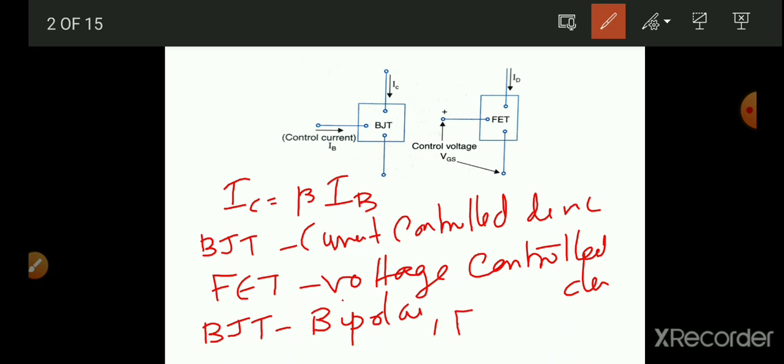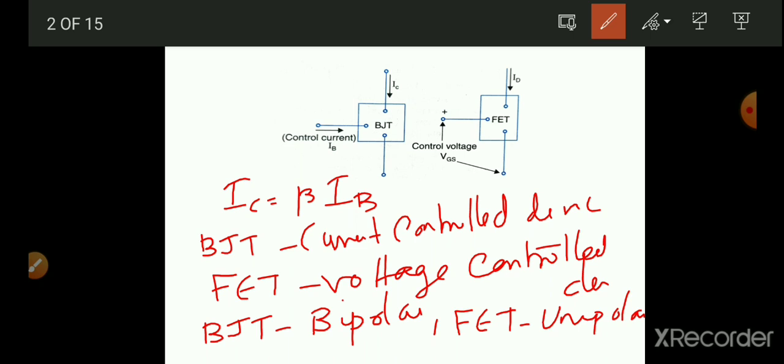But FET is a unipolar device. In FET, only majority carriers are present. The majority carriers help in current flow. These are the main differences between BJT and FET.